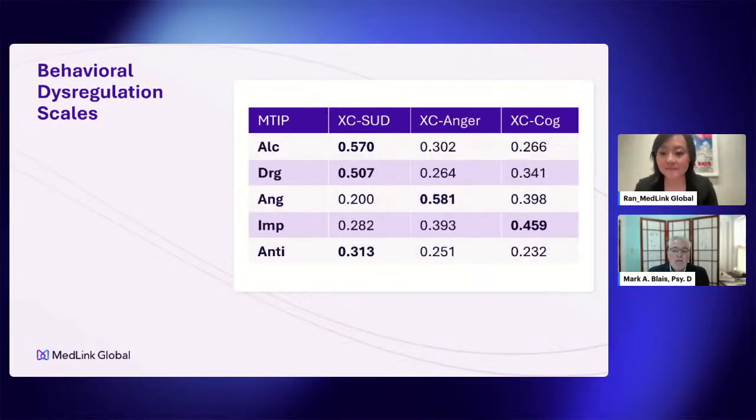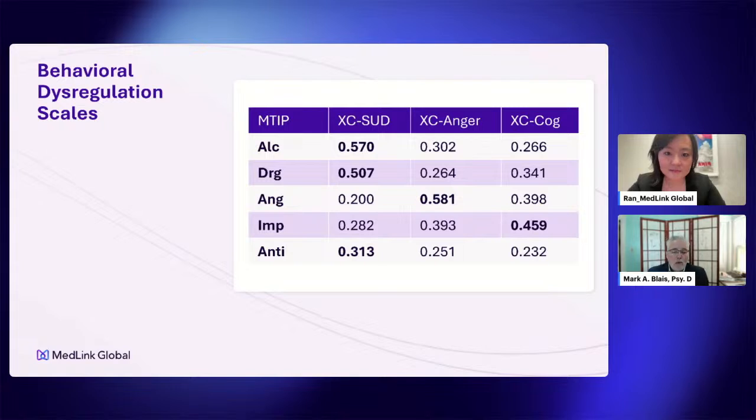And now the behavioral dysregulation scales. Remember, the substance use scale asks 3 questions about alcohol, drug, and tobacco use. And so our alcohol scale correlated with the SUD scale at 0.57, drug scale correlated at 0.50. They do have an anger scale. Our anger scale correlated with theirs, 0.58.